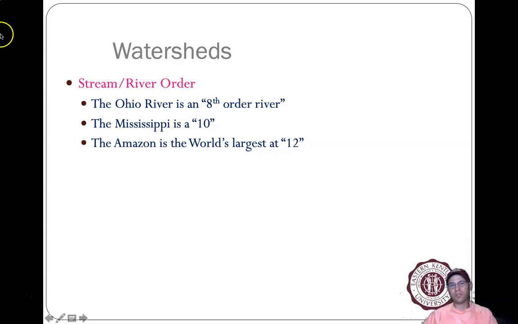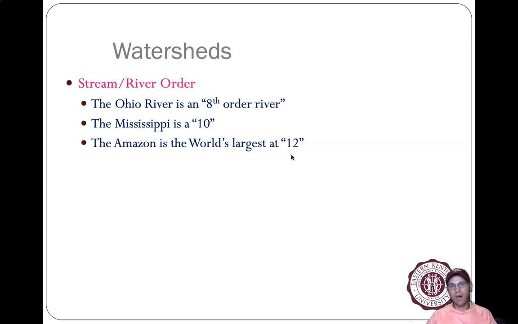I'm not 100% sure. But essentially, you could think of 1, 2, 3, 4 Ohio rivers coming together, 2 at a time, to become a 10th. The Amazon is so big that you could think of the Mississippi River coming together with a Mississippi River would make an 11, and then 2 more Mississippi rivers coming together making an 11, and then those 2 coming together making a 12.